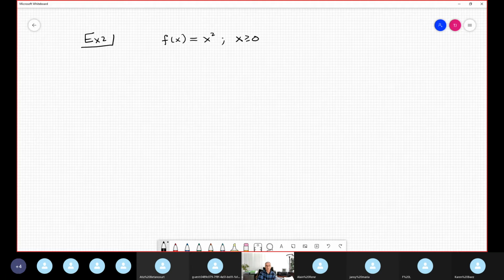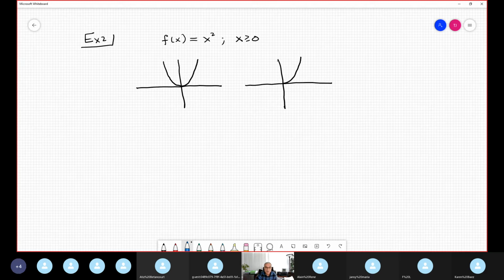This is a restriction. The original parabola without restriction looks like that. Therefore, it is not one-to-one. However, when you introduce the restriction, we have the positive half of the parabola, and this passes the horizontal line test perfectly, and it's one-to-one.